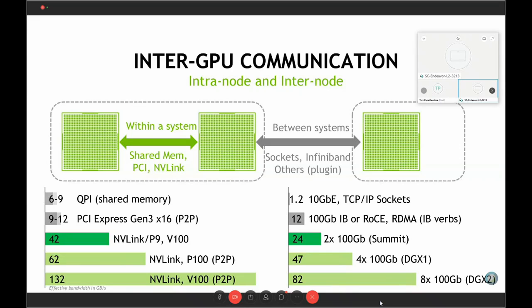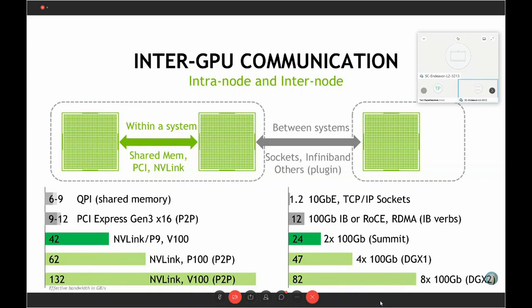On a Summit node, you can get up to 40 or even more than that if you're just running between GPUs that are NVLink connected, not on the full system. And then if you go on platforms that are even more targeted at deep learning, like DGX systems, you can go up to 60 or 130 gigabytes per second.